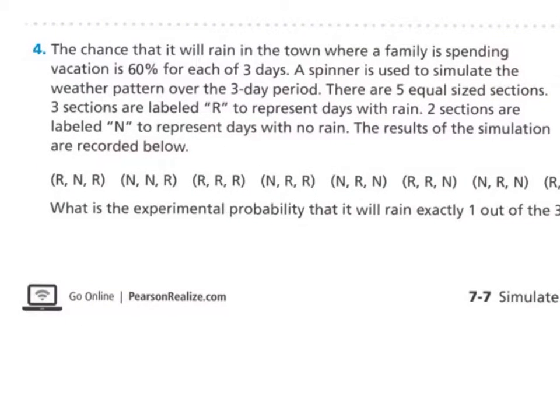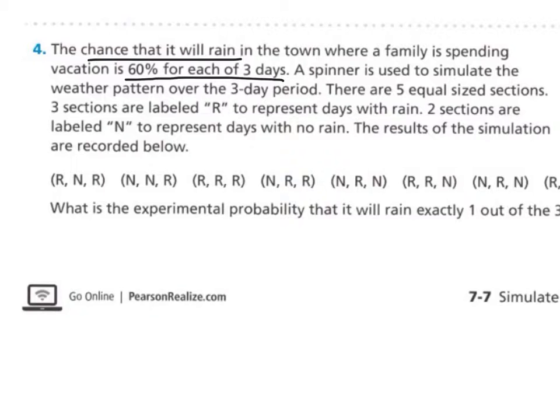Number 4, chance that it will rain in the town where a family is spending vacation is 60% for each of 3 days. A spinner is used to simulate the weather pattern over the 3-day period.